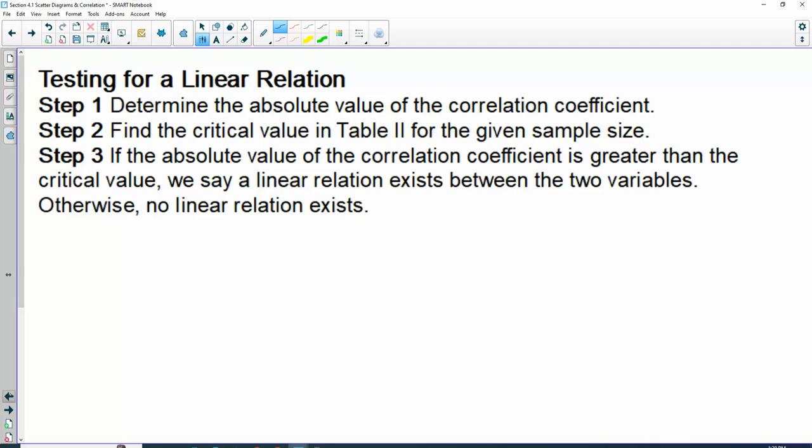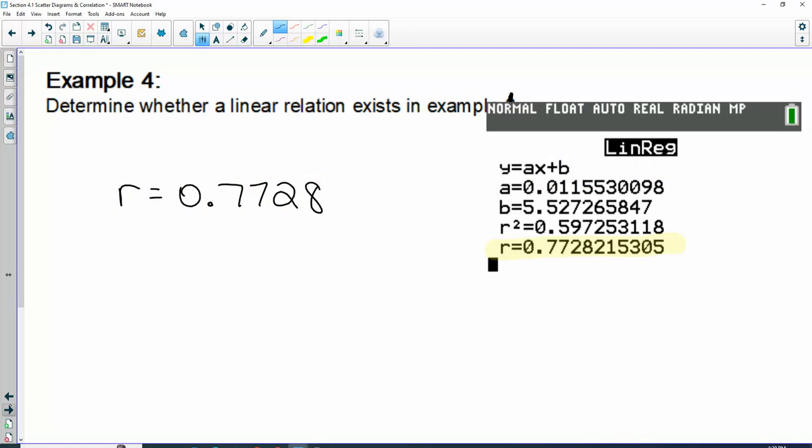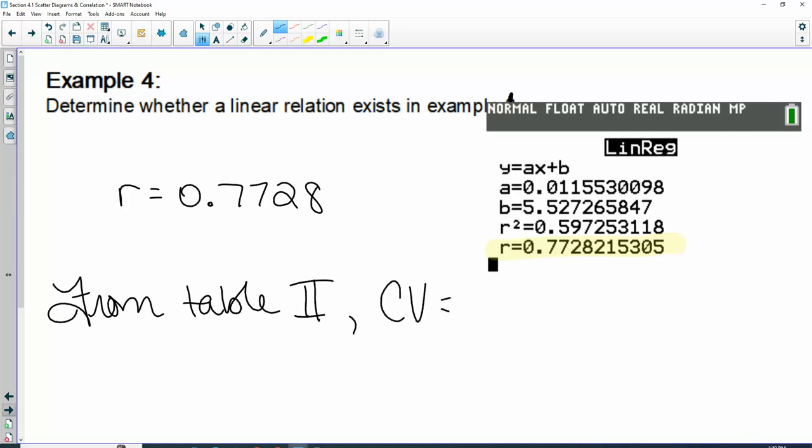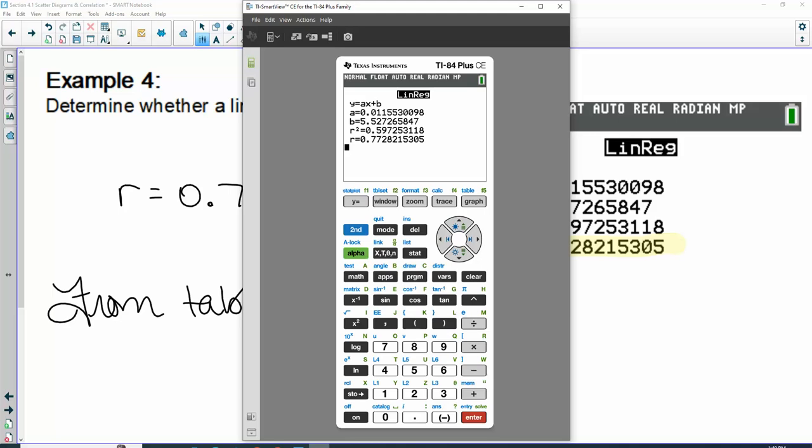All right, so from my table, my critical value is based on our number of points. So in that drilling data that we put in originally, how many points were there? 12.